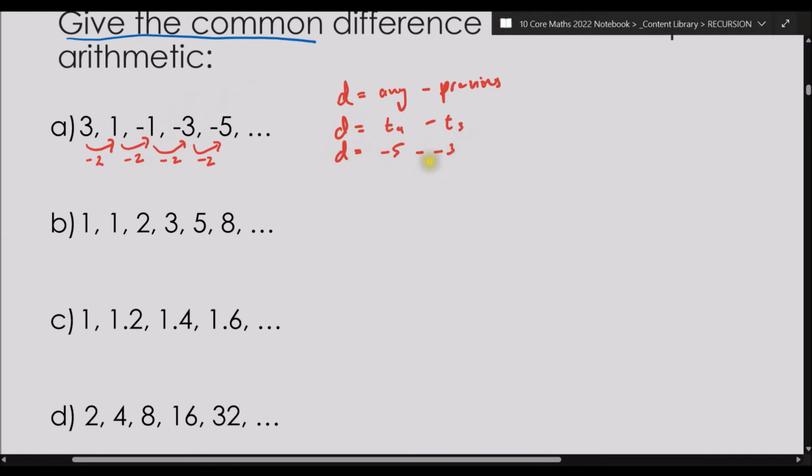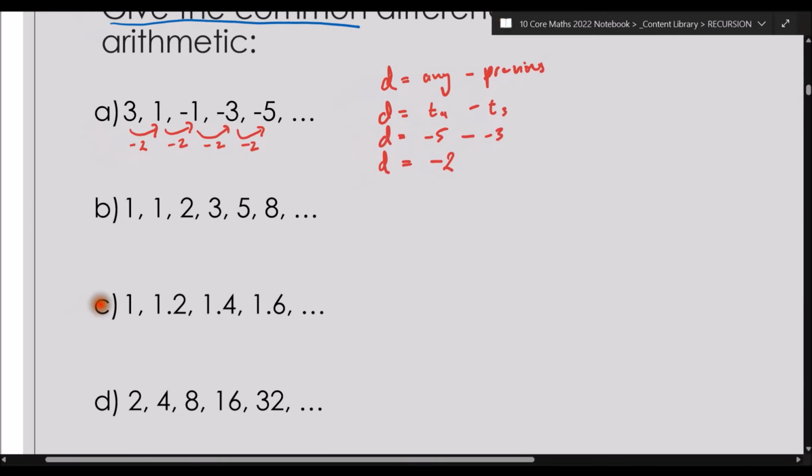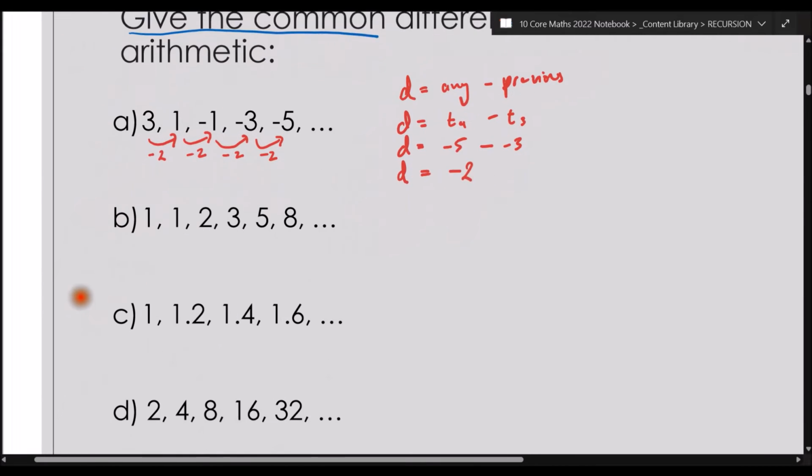If you do get confused, put this in your calculator because it'll give you the answer of -2. But remember, when you put two negatives together, it becomes a positive. Sorry if that confuses anybody, but it's -5 minus -3, which equals -2. Cool. So that's definitely an arithmetic sequence.